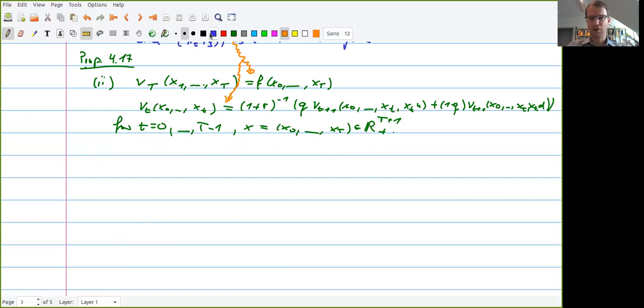You know, this is a complete market, so you also have a replicating trading strategy.